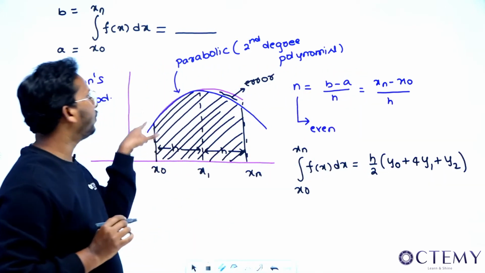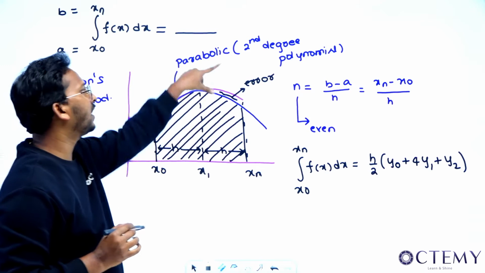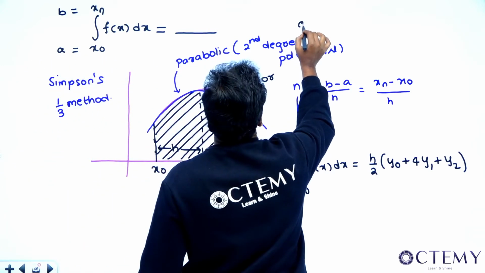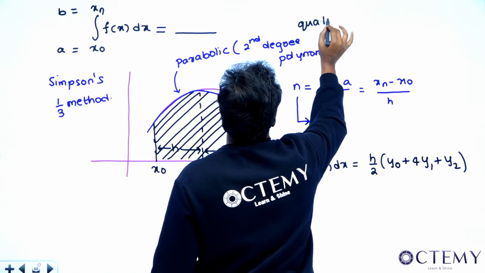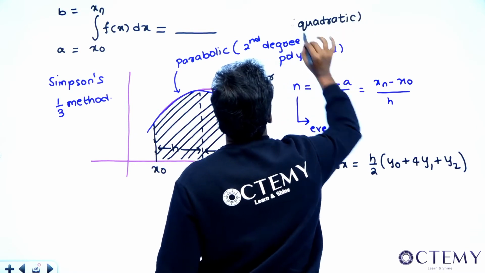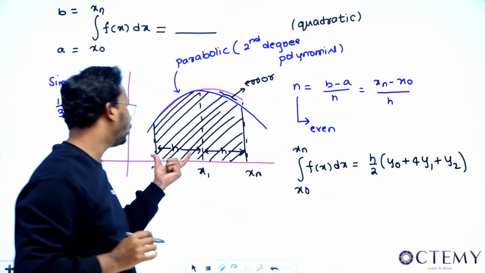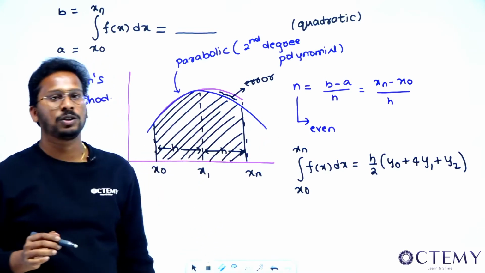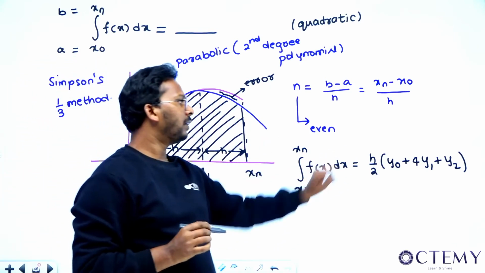Always remember, whenever you take quadratic approximation, this is second degree approximation, the area will be something like this, because it will have 2 parts. That's why it's called quadratic approximation you are taking, right? So this will be the formula, right?